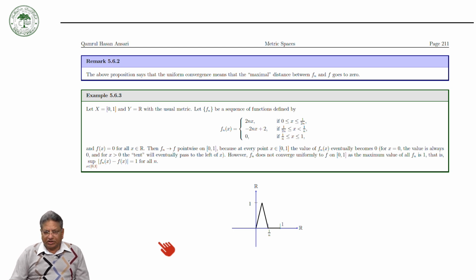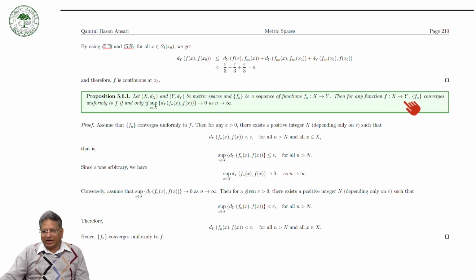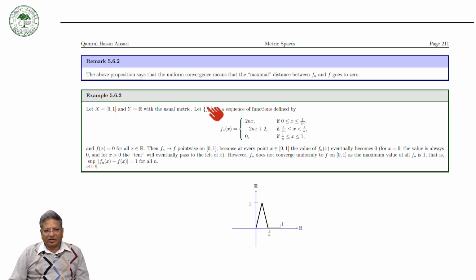So you see, if Fn converges uniformly to F, then that maximum distance between Fn and F converges to 0. Okay, so the remark says the proposition says that uniform convergence means the maximal distance between Fn and F goes to 0.